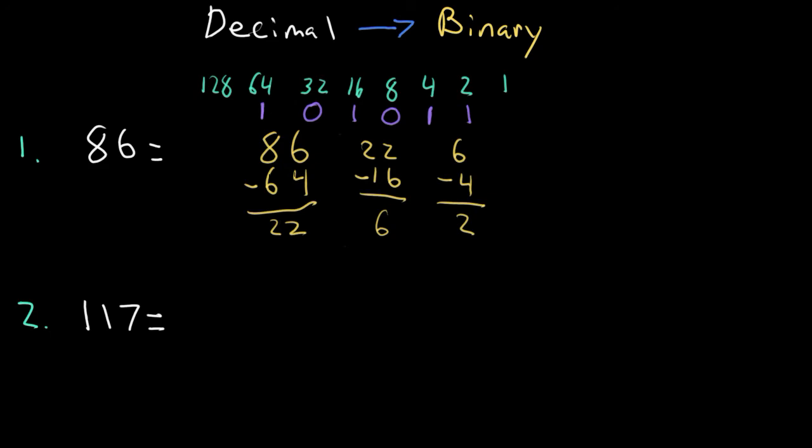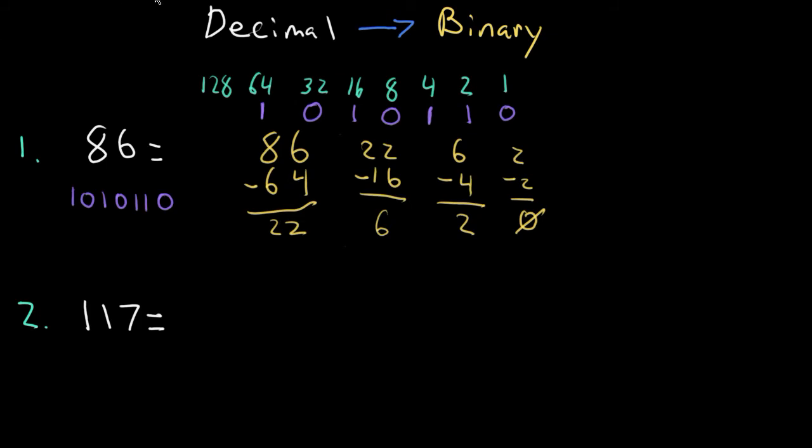Yes, it does. So we're going to put a 1. And then finally, 2 minus 2 equals 0. Now we stop. Because 1 doesn't fit into 0, we're going to put a 0 there to finish it off. So the binary equivalent of 86 is 1010110.